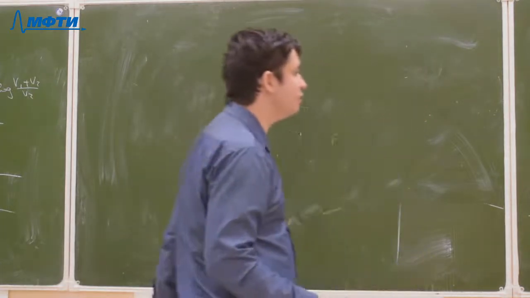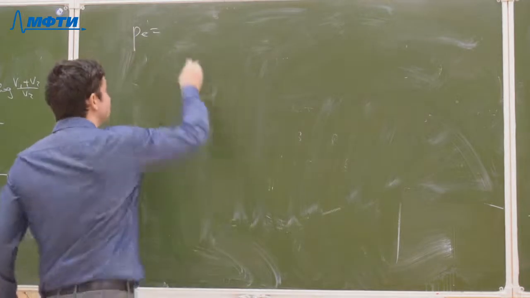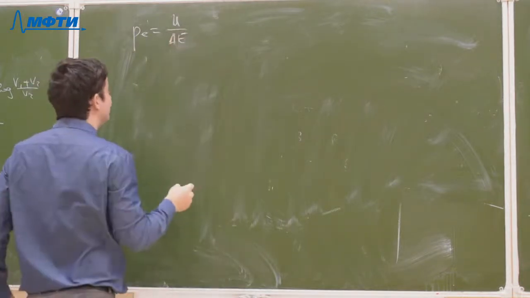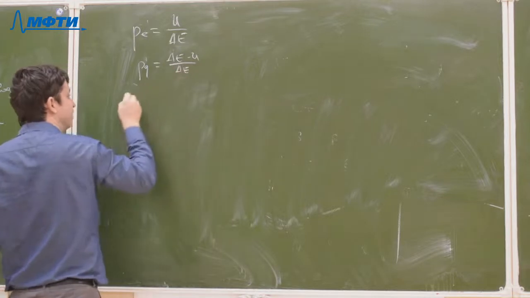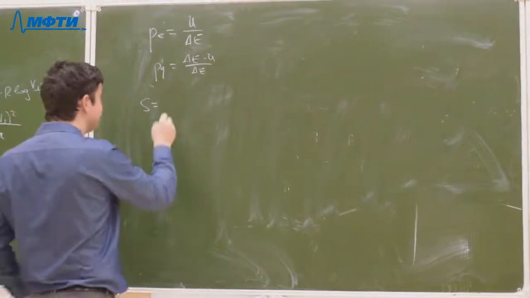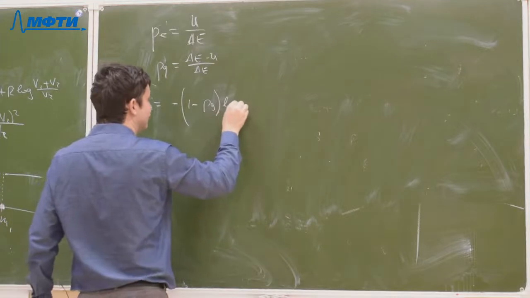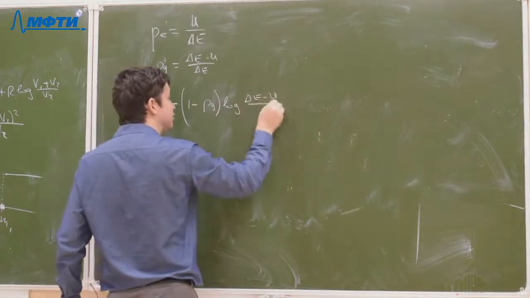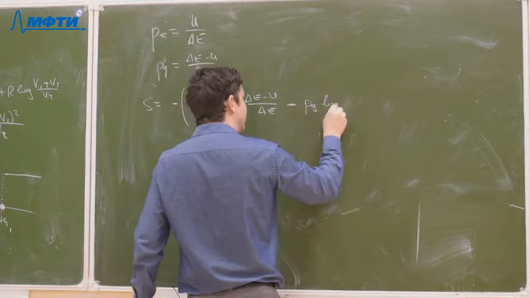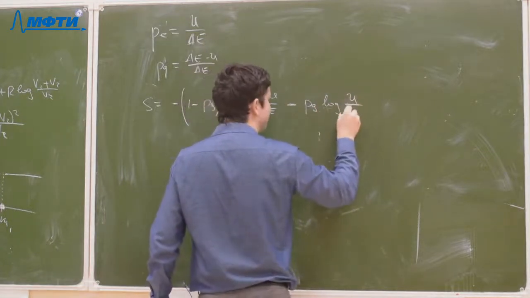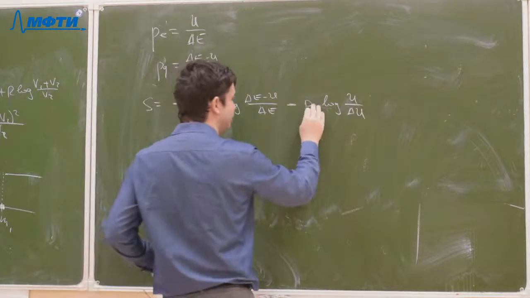So in these two-level systems, we find that Pe is U over delta E, then Pg is delta E minus U over delta E, and then entropy is minus, okay, not exactly, so 1 minus Pe and here Pe. So the entropy is minus (delta E minus U over delta E) natural log of (delta E minus U over delta E) minus (U over delta E) natural log of (U over delta E).